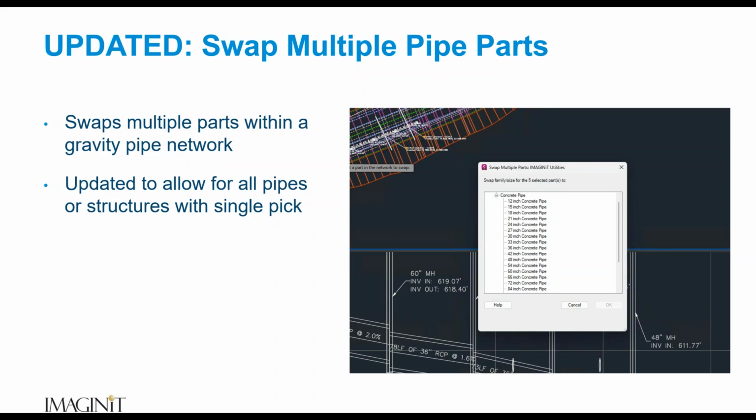And essentially what would happen is, they needed to make a wholesale change of a 48-inch manhole to a 60-inch manhole. Well, that can take time if you've got 30, 40 different structures. So what we added to the routine is the ability to just swap out everything for something else. And we will certainly take a look at that.